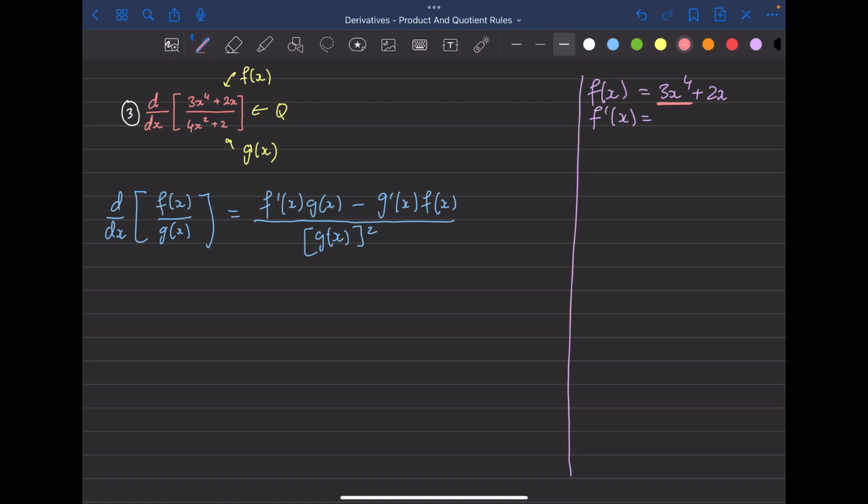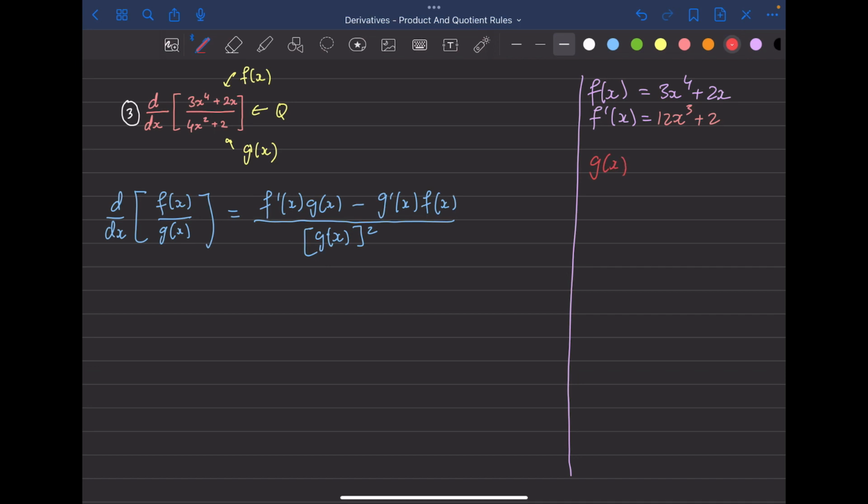So this would be 4 times 3, which is 12, and then x to the power of 4 will become x to the power of 3. And then 2x will become 2, because this has a power of 1. 2 times 1 is 2, and then x goes away because it becomes x to the power of 0. So this is what we have for f prime of x.